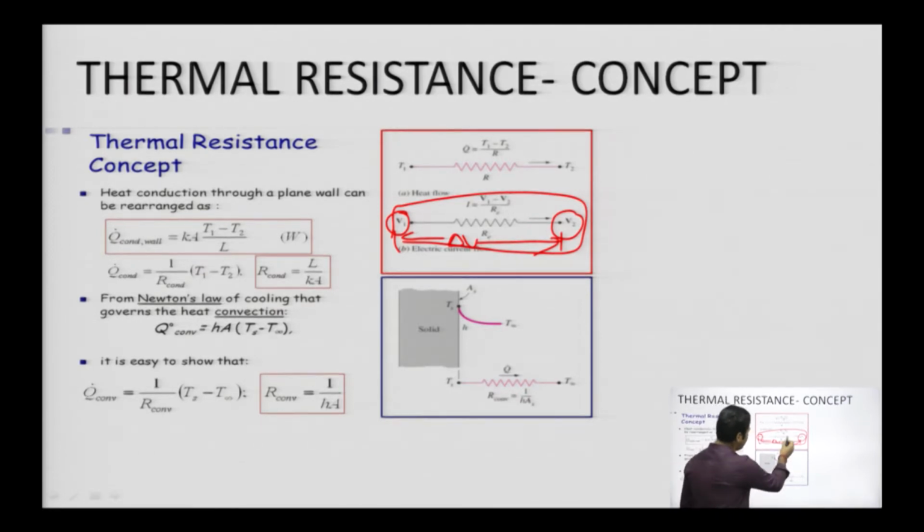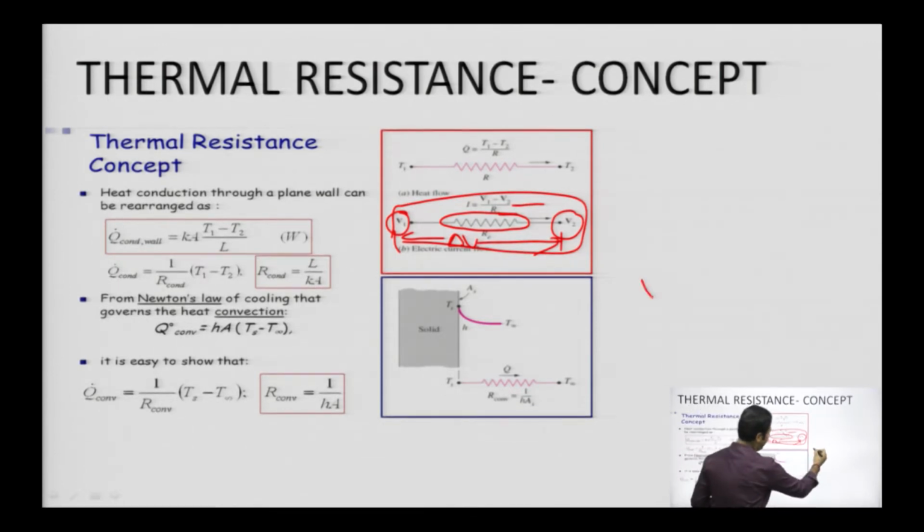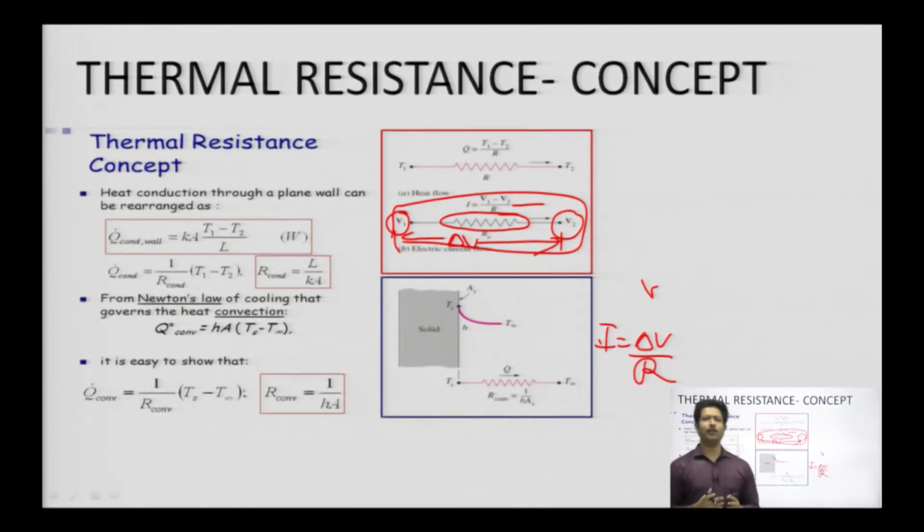Then across the electrical resistance, the current flows. See, it's written here: I is equal to delta V by R. So in an electrical circuit you have to apply a potential difference across its ends and across the resistance, then the charge in the form of current will actually flow.